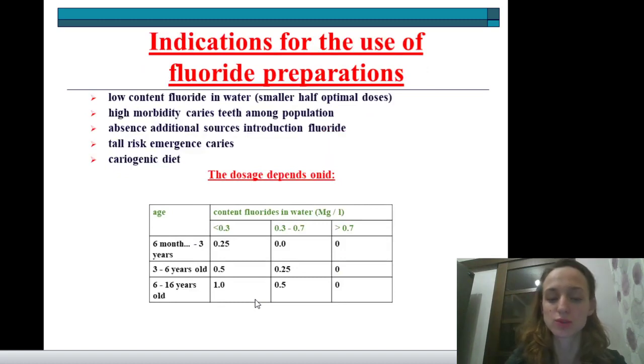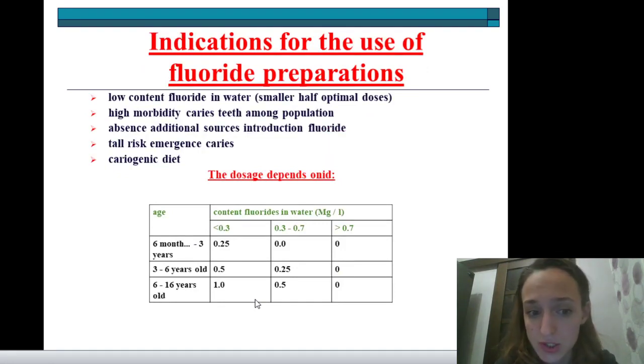Indications for the use of fluoride preparations: low fluoride content in water, high morbidity of dental caries among the population, absence of additional sources of fluoride introduction, high risk of emergence of caries and a cariogenic diet.